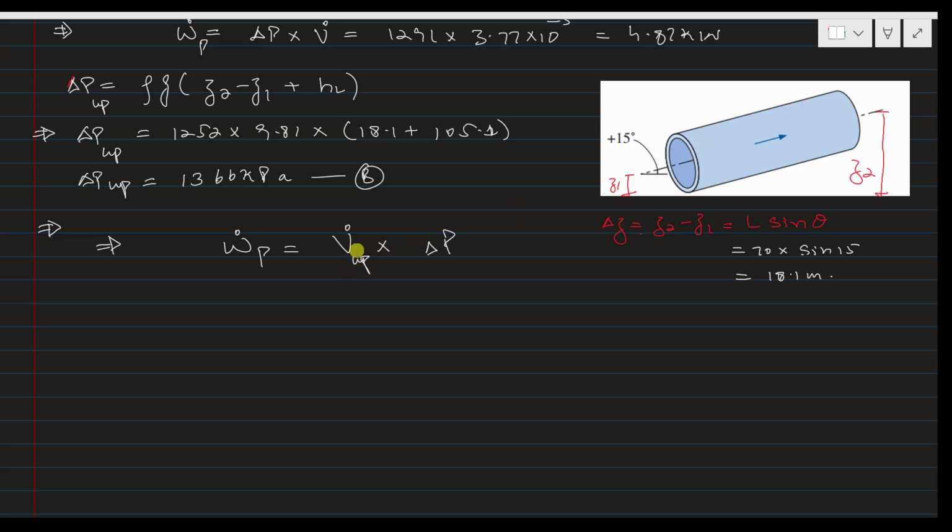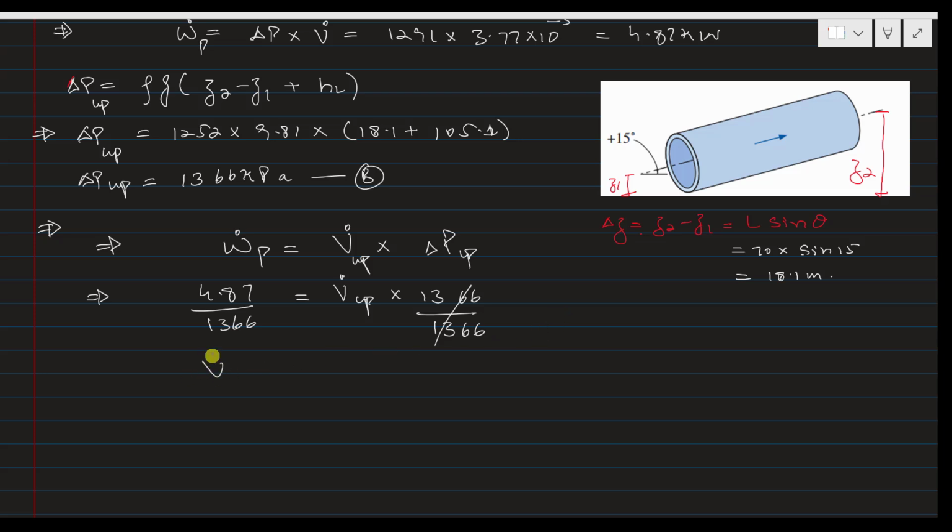Here I will write subscript up, and the pressure for it is 1366, and our input for the pump has been determined previously, it is 4.87. So just put in these equations. 4.87 is equal to volume flow rate, that is our requirement, multiplied by pressure, that is 1366. So just divide both sides by 1366, and this will be cancelled out.